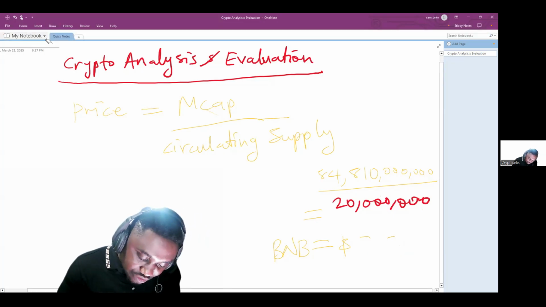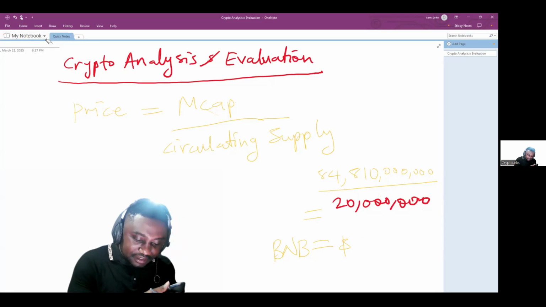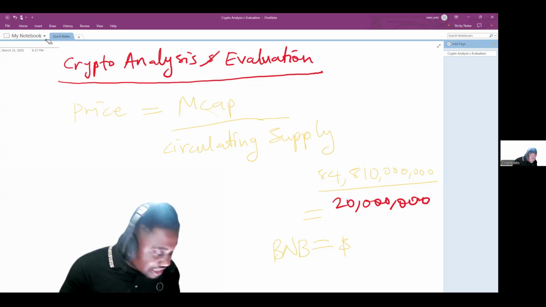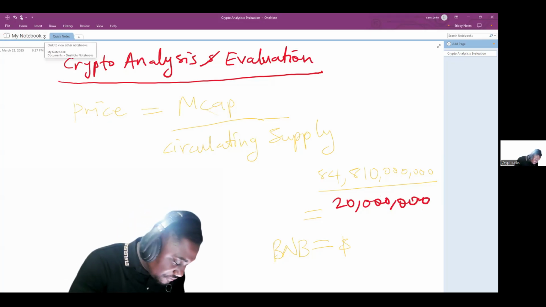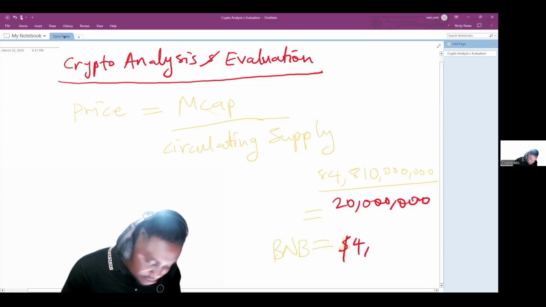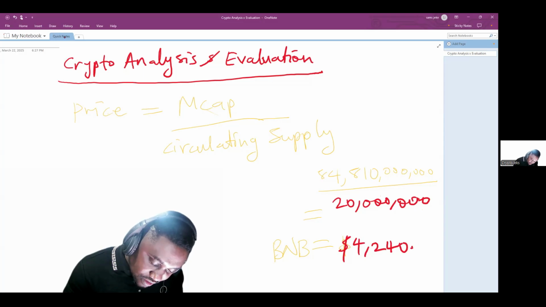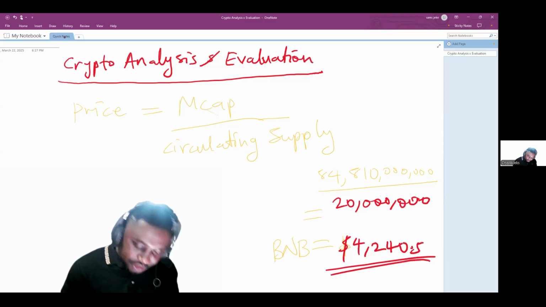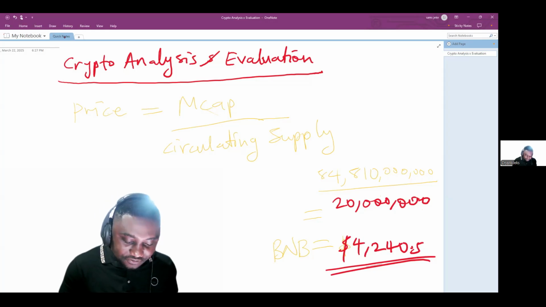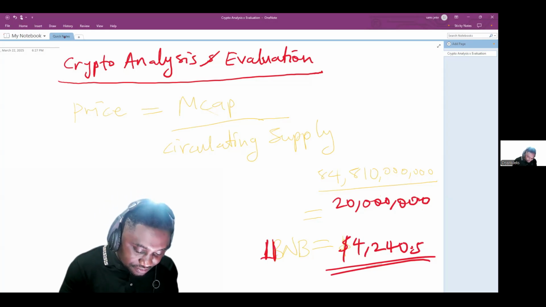Let's see what the current price would have been. You divide 84 billion 810 million by 20 million. That will give you a price of 4,240.5. So 1 BNB would have been 4,240.5.